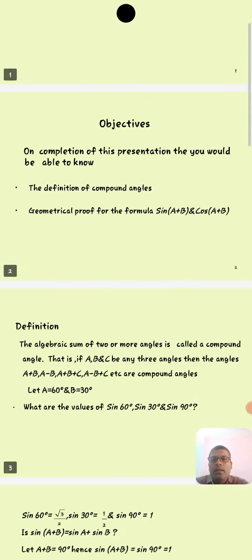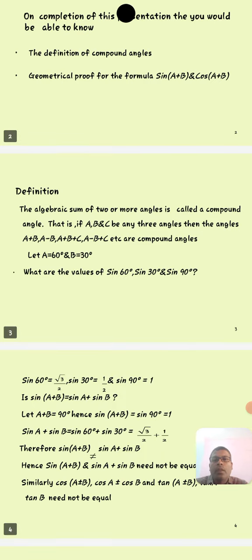Now we see the definition of compound angles. The algebraic sum of two or more angles is called a compound angle.